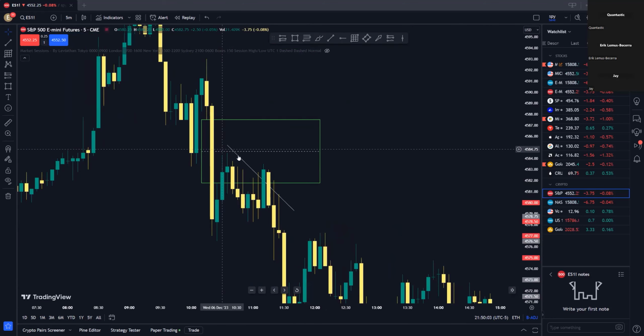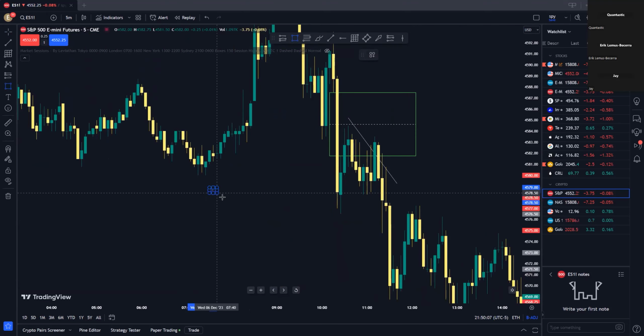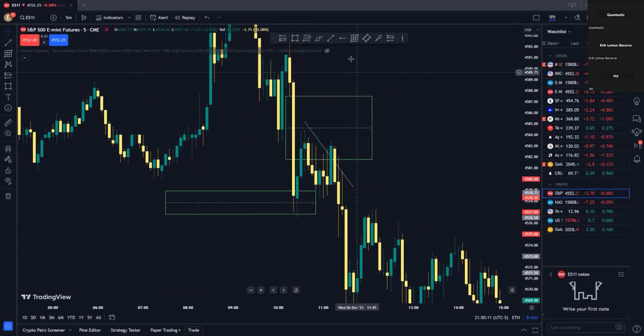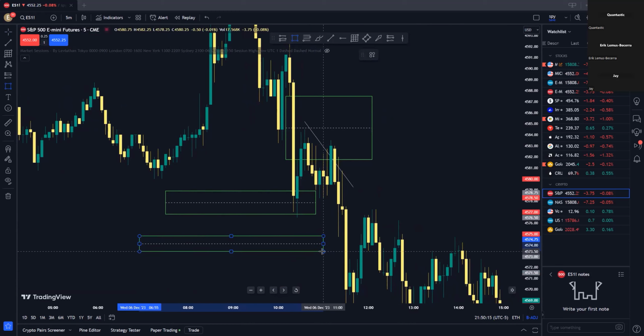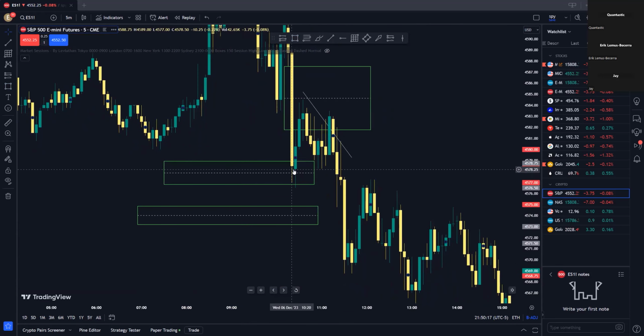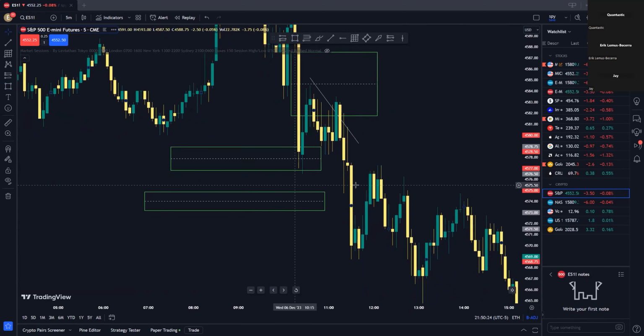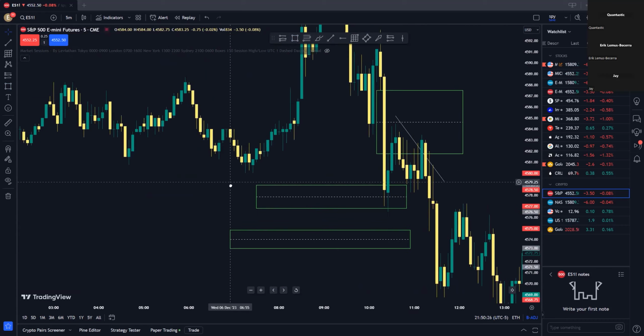I look for this confluence here. Let's say, for example, there was a fair value gap here, and ES was already at consequent encroachment, but on NQ the fair value gap was down here, and NQ was right here. If I know that ES is at consequent encroachment to the upside, I will not wait for NQ to make it to consequent encroachment.